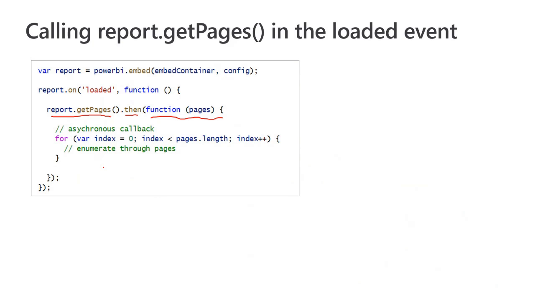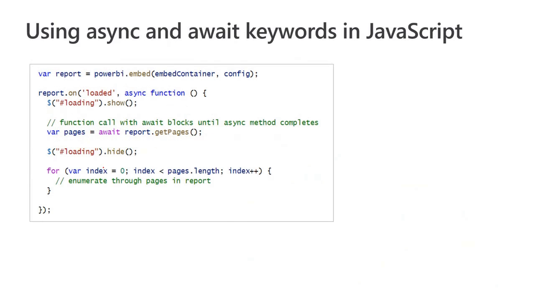Now I'm going to introduce you to a new syntax that you might not have used. JavaScript, kind of like .NET and C#, now supports async and await keywords. So you're able to use this new keyword, which is await. What you're going to see right here is that if I want to call await, you can't do that unless you mark your function as asynchronous.